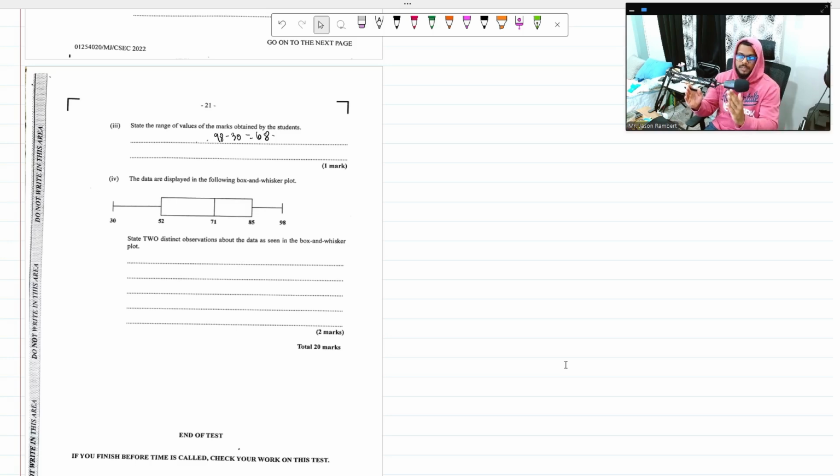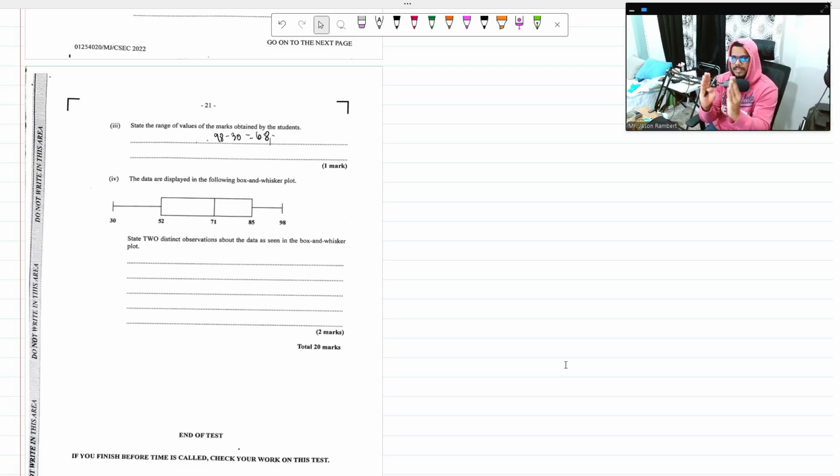Then 71 to 98 will represent the next 50% of the scores. Now, when you hear the word 50%, you just expect to see the box and whisker to be equal, the first 50% distance equal to the next distance. But what that says is 50% of the students score between 30 and 71. The next 50% of the students score between 71 and 98.